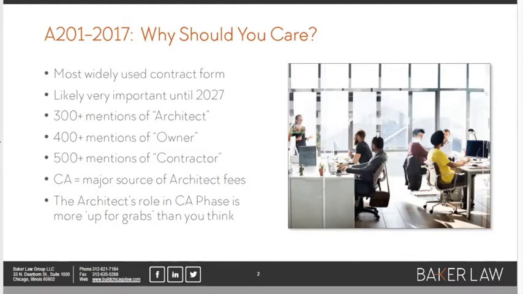If the trend in the industry was to get away from using the A201 and to minimize the role of the architect in CA, it's a lot less fees for design firms, and maybe a lot less jobs available. I'm not here to make an endorsement of one form or another. I'm only wanting to point out the significance of this form for owners, architects, and contractors.